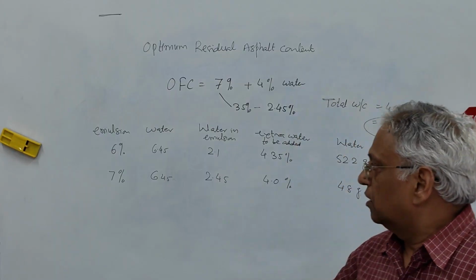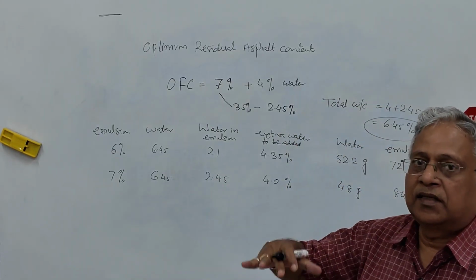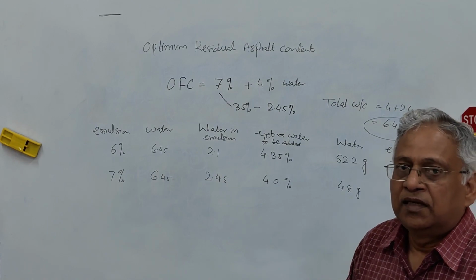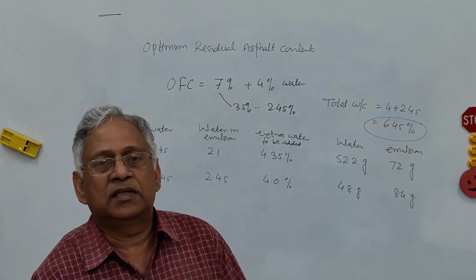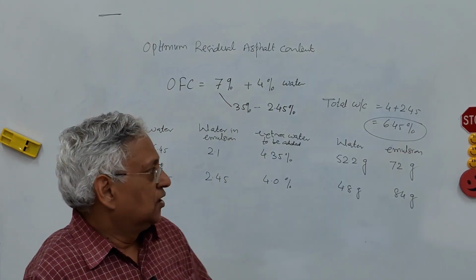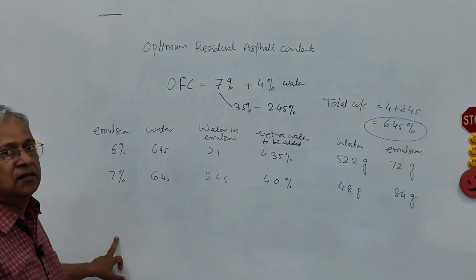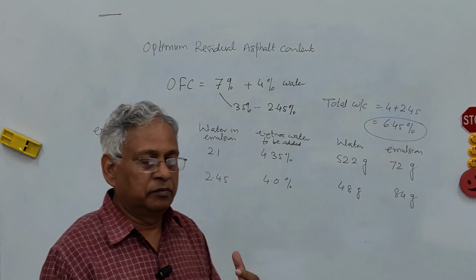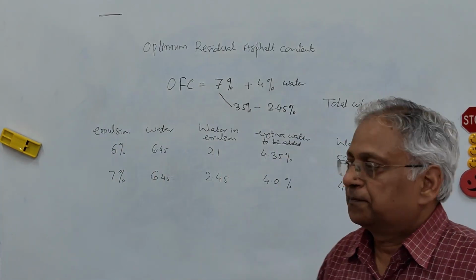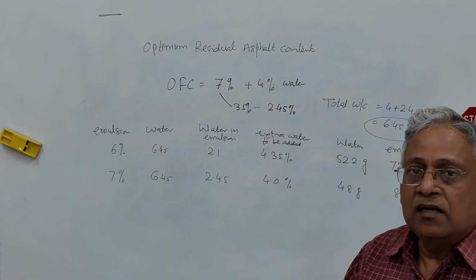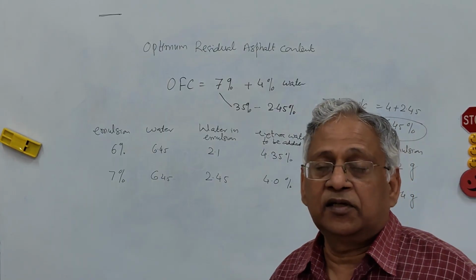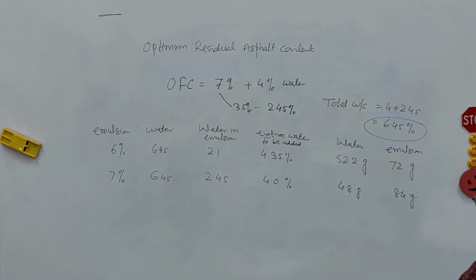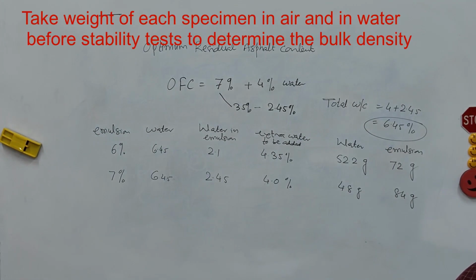Now for each content of emulsion, we prepare 6 Marshall specimens. 3 specimens are tested under unconditioned condition, and 3 specimens are tested under conditioned state. So if you are considering 6, 7, 8, 9% of bitumen emulsion, you need to prepare 24 Marshall specimens. Now for the unconditioned test, or you can say dry stability test, after curing at 38 degrees centigrade for 1 day, you carry out the Marshall test and find out the stability and flow value of the specimen.